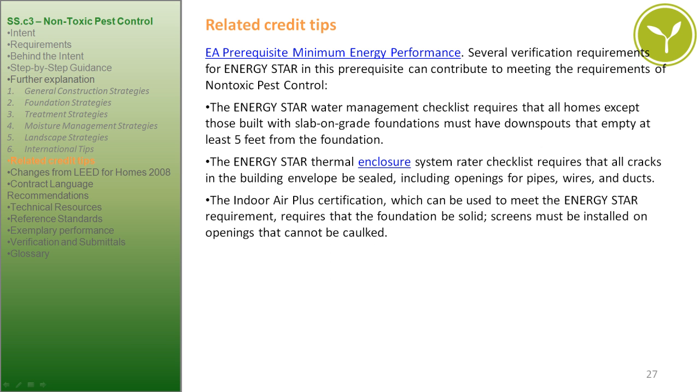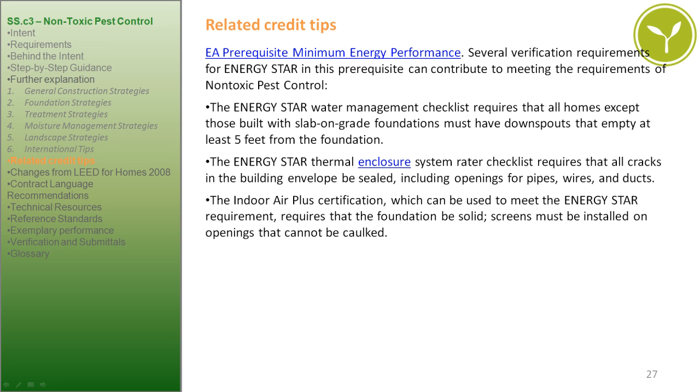Related credit tips. EA prerequisite, Minimum Energy Performance. Several verification requirements for Energy Star in this prerequisite can contribute to meeting the requirements of non-toxic pest control. The Energy Star Water Management Checklist requires that all homes except those built with slab-on-grade foundations must have downspouts that empty at least 5 feet from the foundation.